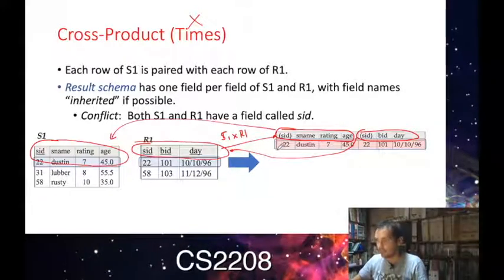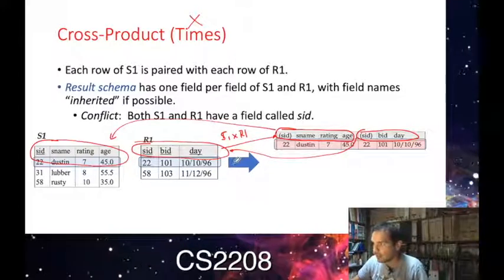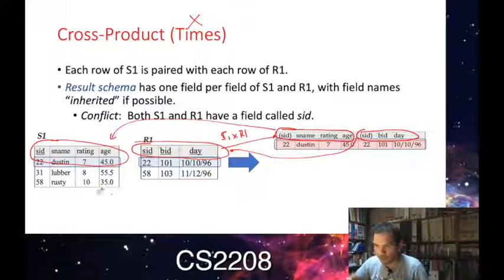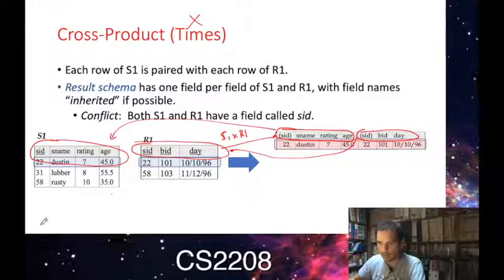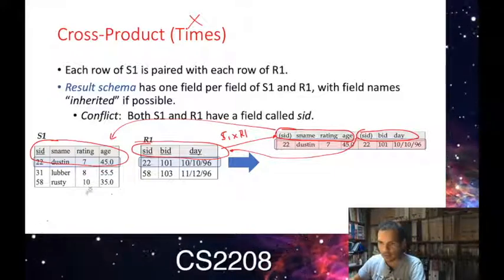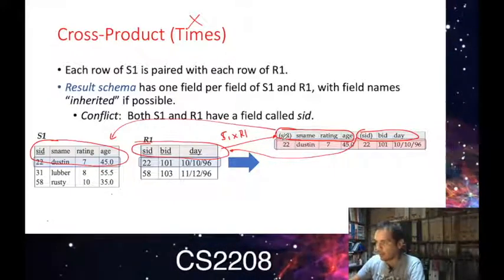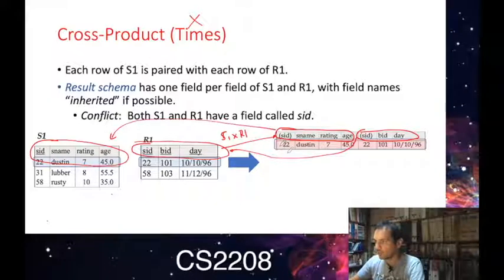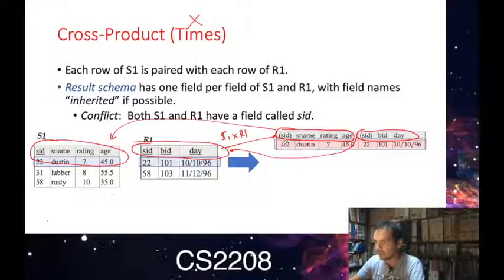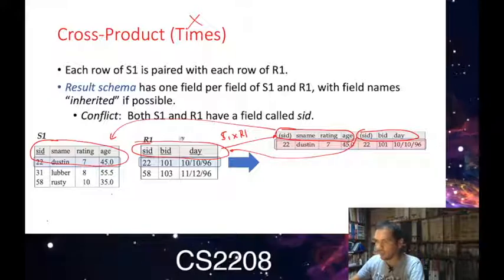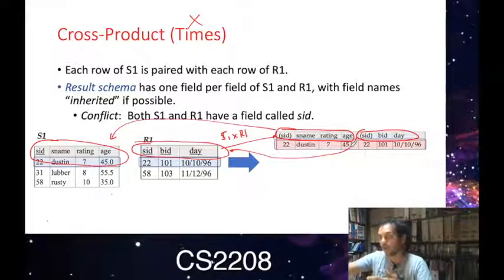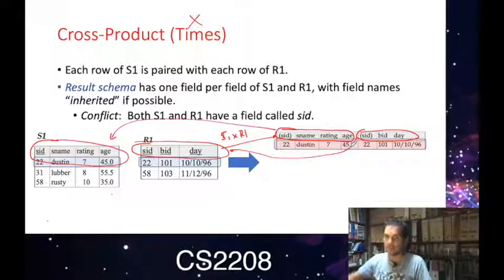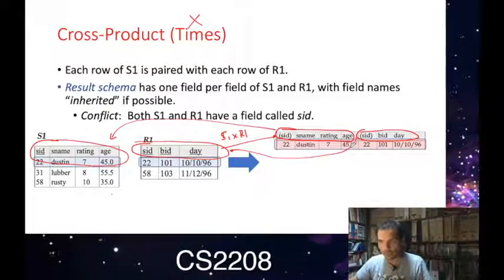Okay, the first step that we are going to be doing is, let me just quickly delete this. The first portion, 22, Dustin, 7 and 45, comes from the first table, and now we combine that with all the entries of the second table, because this is just the cross product operator.